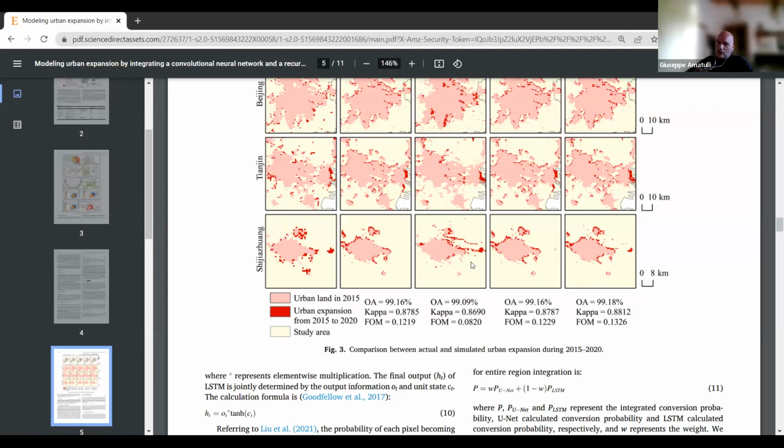I think it's 0, 1. It's a classification problem. Yeah, 0 to 1. So it's a binomial. It's a categorical variable where 1 is urban expansion, so they expanded in that year, and 0 is the agriculture field or whatever is not urban.